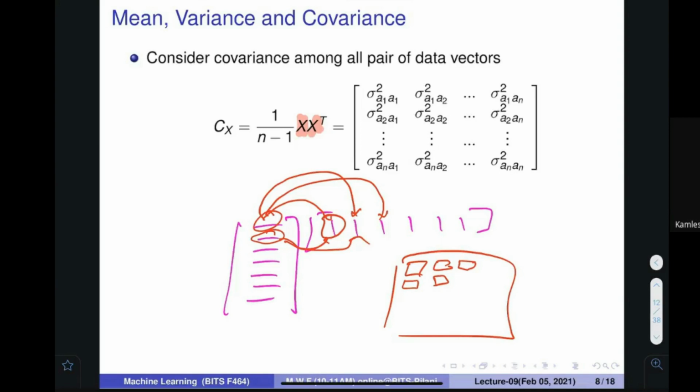If you apply the same concept, you see that this is the multiplication of the same item, this is the multiplication of the same item, and these are multiplications of different items. So what we want is that these values should be 1.